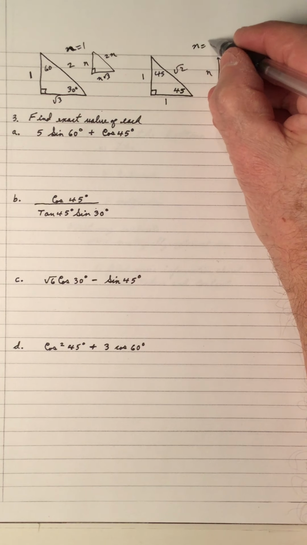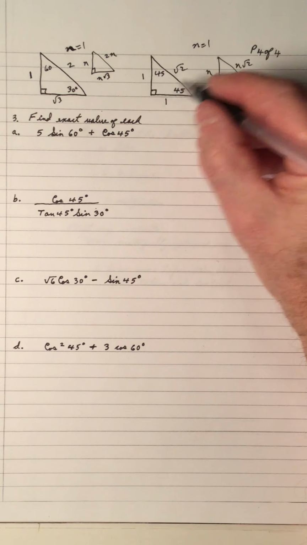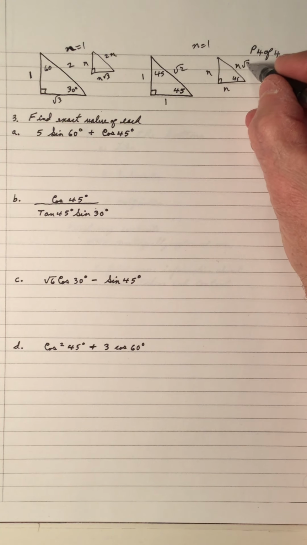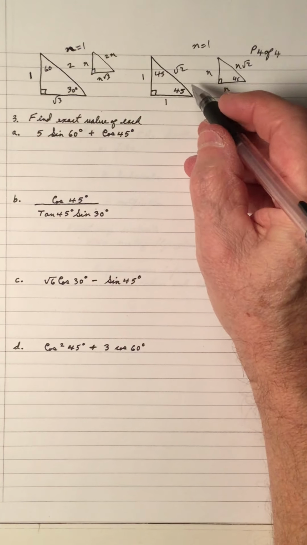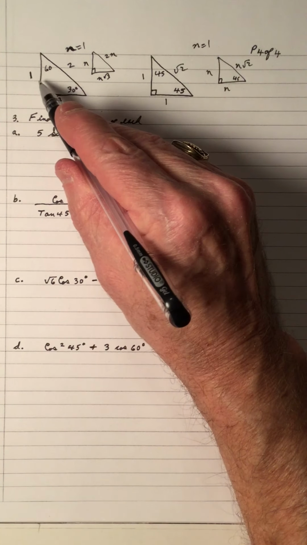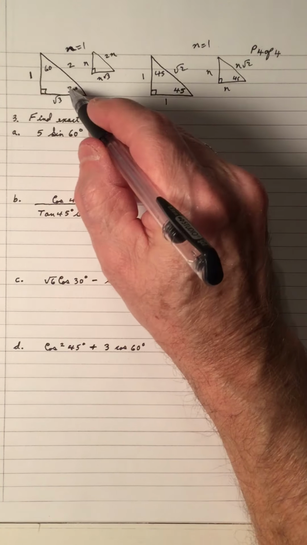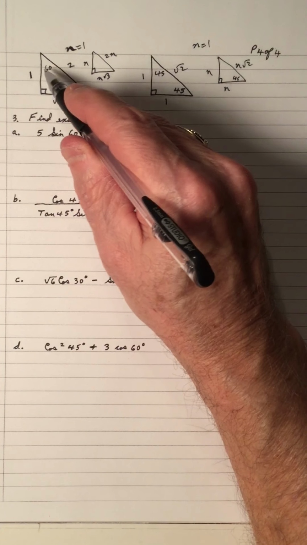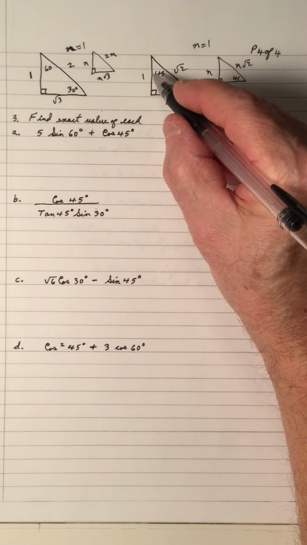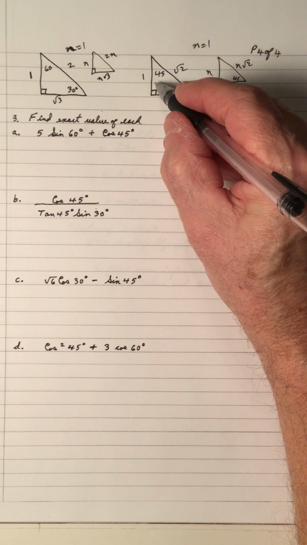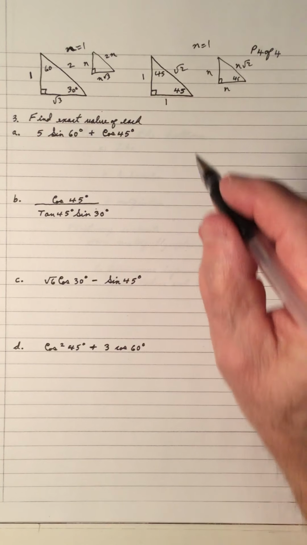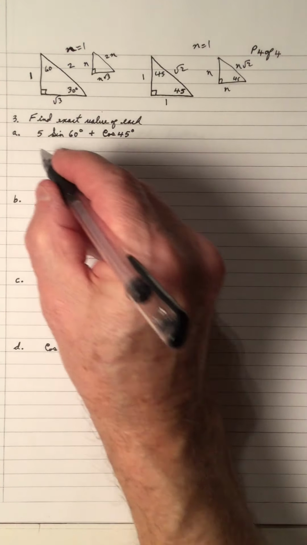When you let n equal 1 right here, you get 1, 1, and you get a root 2. So these are the 2 triangles. 30, 60, 90. Across from 30 is 1. Across from 90 is 2. Across from 60 is root 3. In a 45 right triangle, when you're doing trig, I go 1, 1, 2 sides equal with a root 2. I'm going to use those now.